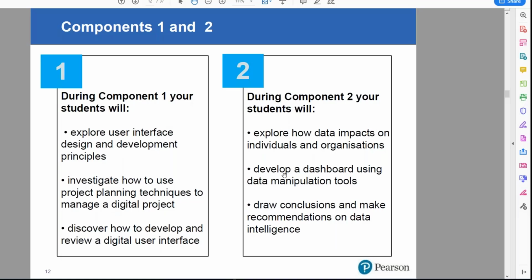Component 2, I think, is a really interesting take on data, and I hope people don't look at it and say, okay, that's a spreadsheet unit. This component 2 is attempting to help students understand the value of data, and the practical task is that we develop a dashboard using data manipulation tools.